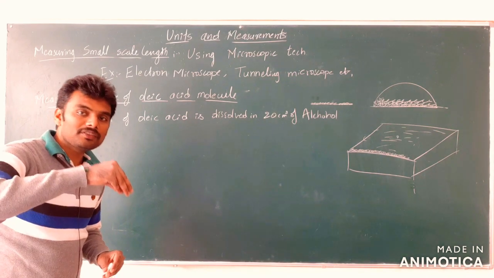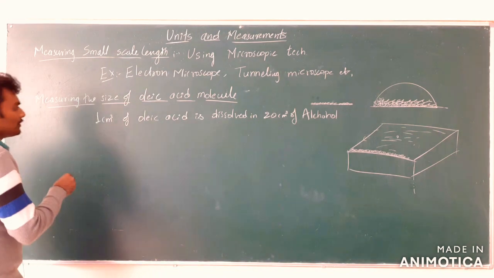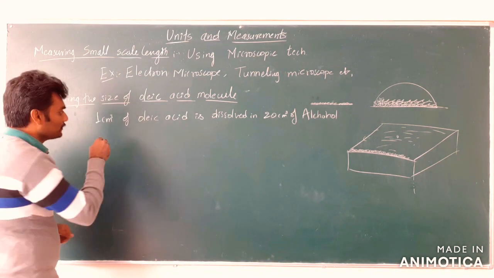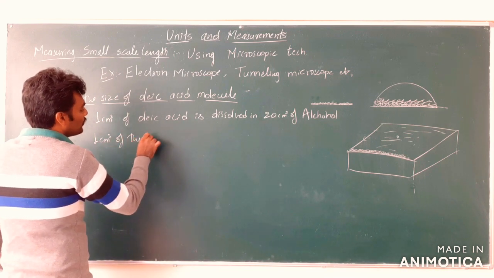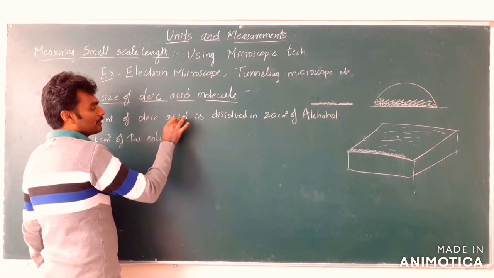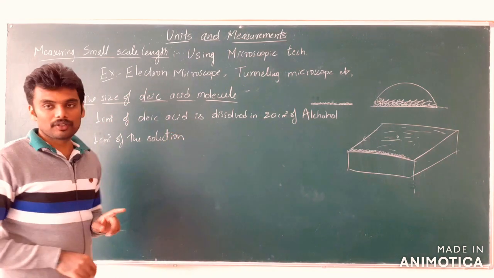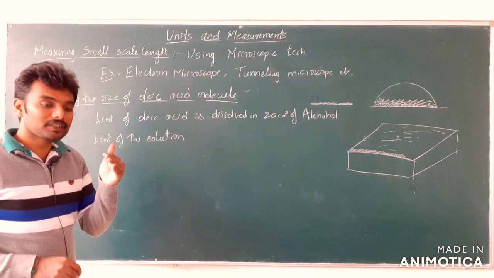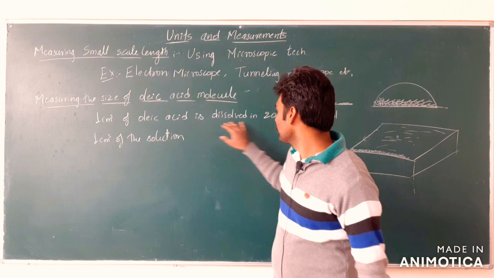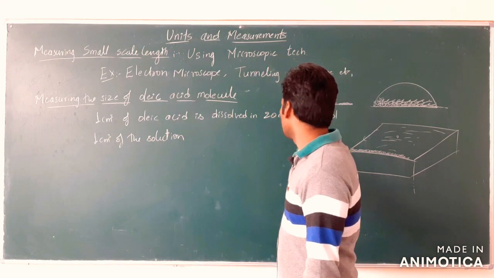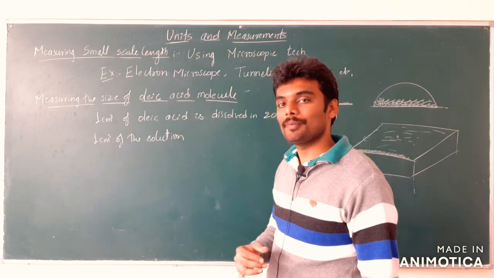Then we take 1 centimeter cube of that solution, which has 20 centimeter cube of alcohol and 1 centimeter cube of oleic acid. Now, what is the concentration of oleic acid? The concentration of oleic acid in this solution of 20 centimeter cube alcohol and 1 centimeter cube oleic acid is 1 by 20 times, right?